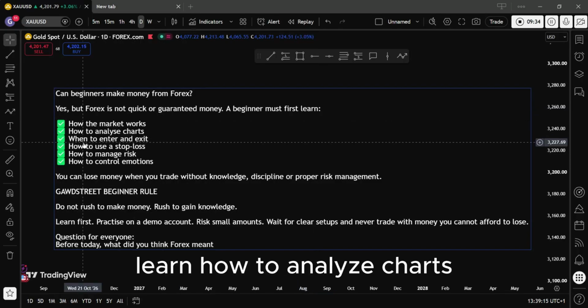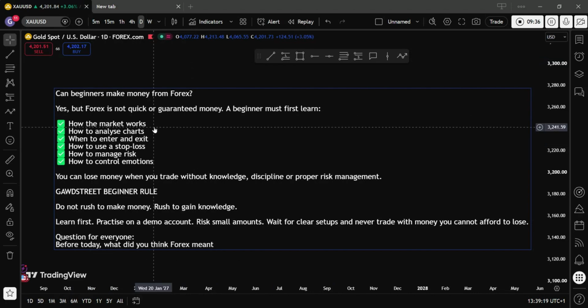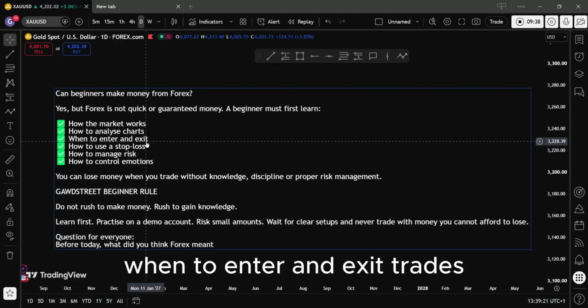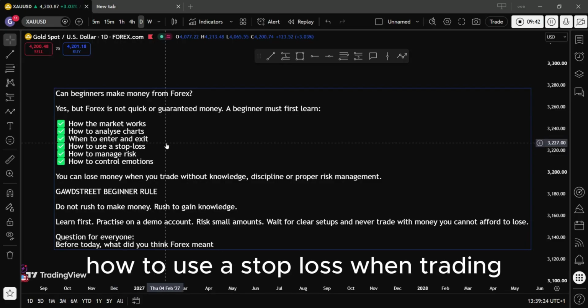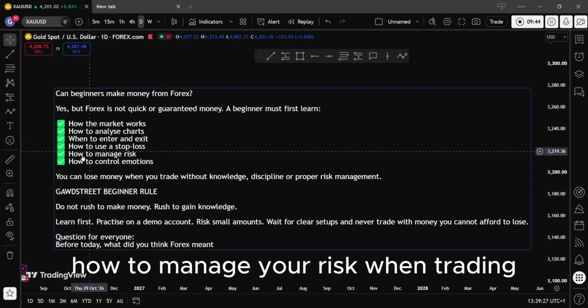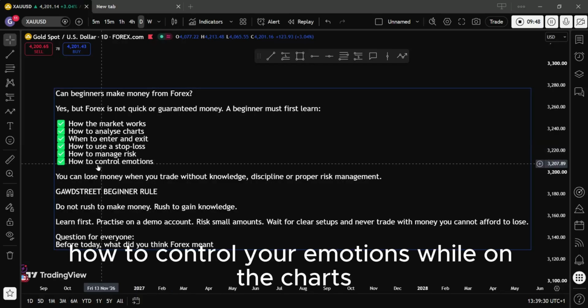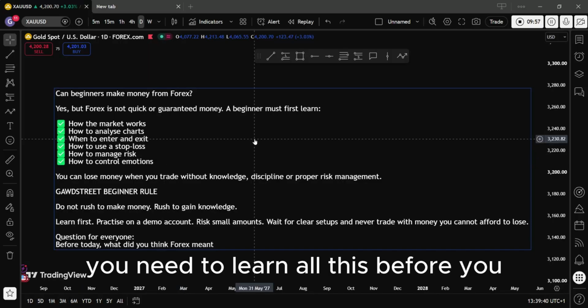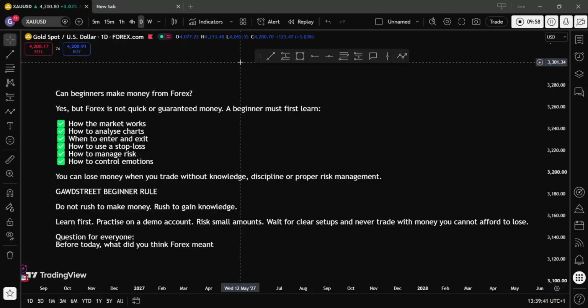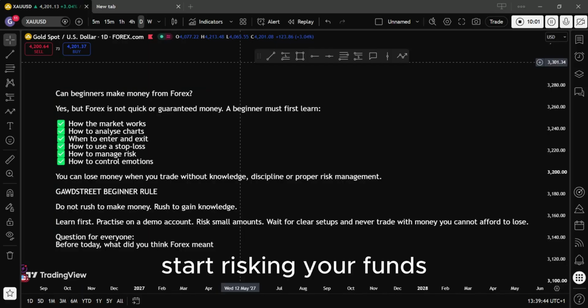Learn how to analyze charts, when to enter and exit trades, how to use a stop loss when trading, how to manage your risk, and how to control your emotions while on the chart. You need to learn all this before you start risking your funds.